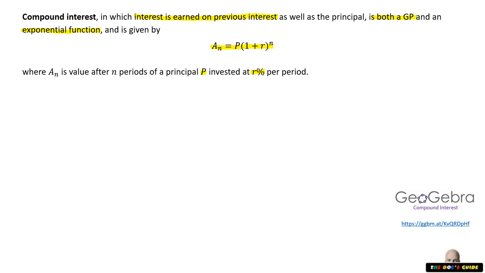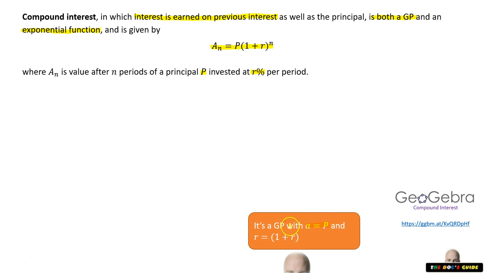So if you thought about the terms in this, if we wrote down the expression for A after each term, we would get that our sequence begins with A equaling P, and our common ratio is 1 plus R. So we're always multiplying the previous value of A by 1 plus R. So that after n years, or n periods, it's P times 1 plus R to the N.